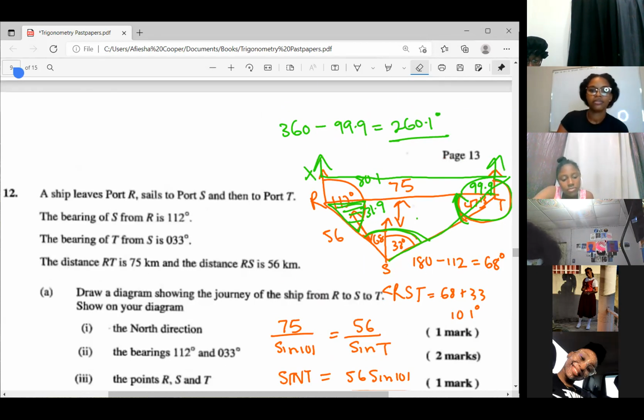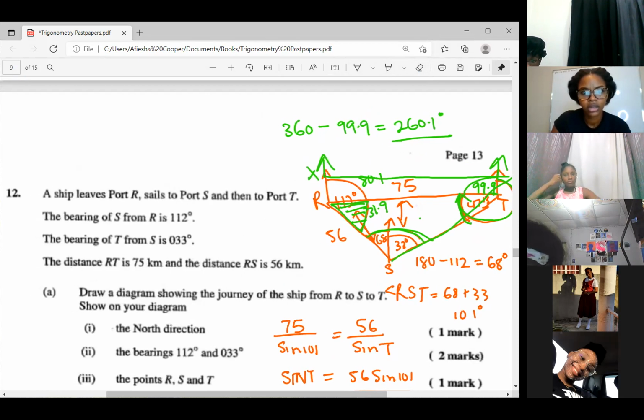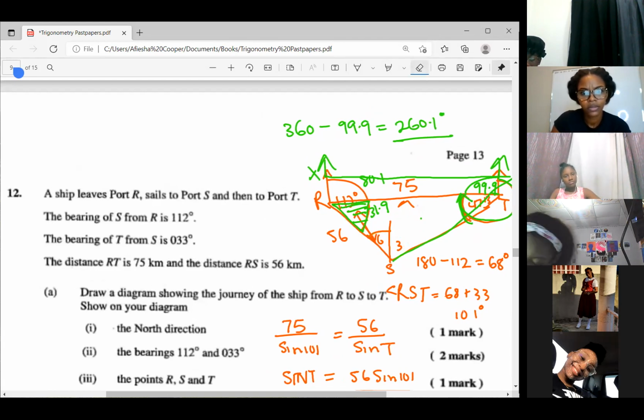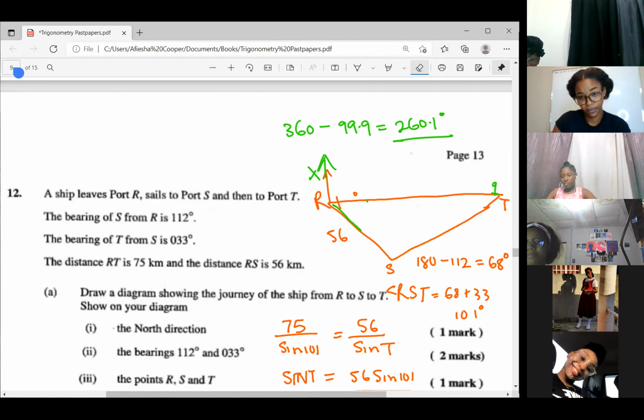How do we work out TX now? Let's clear up some unnecessary things. Next, could we use sine? So just labeling this over.